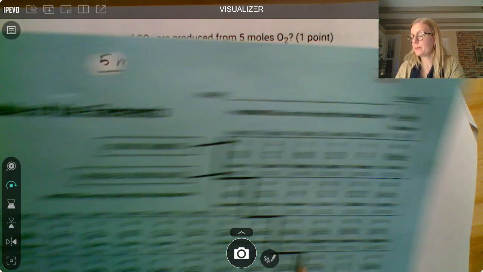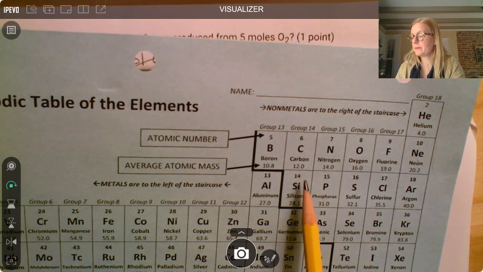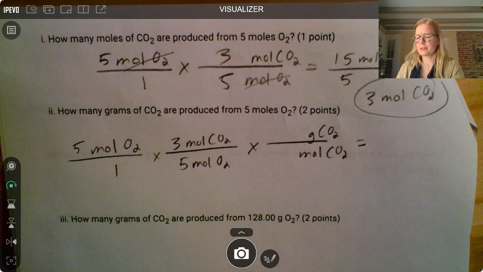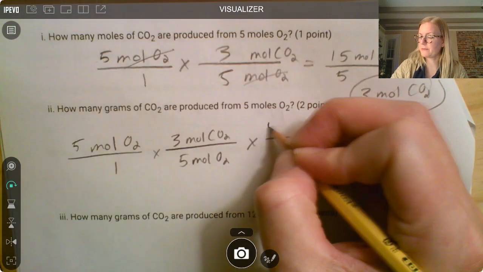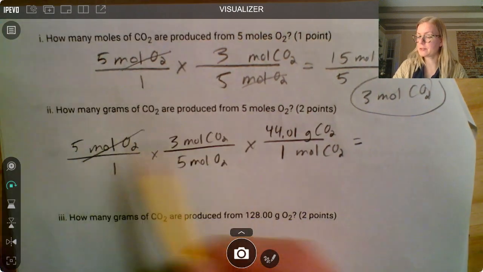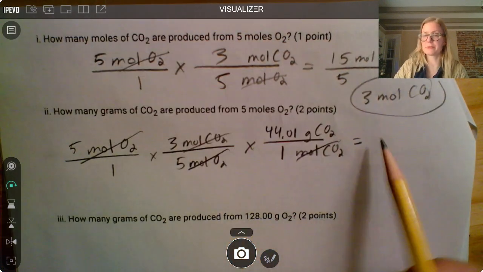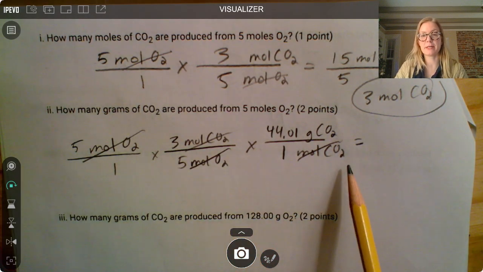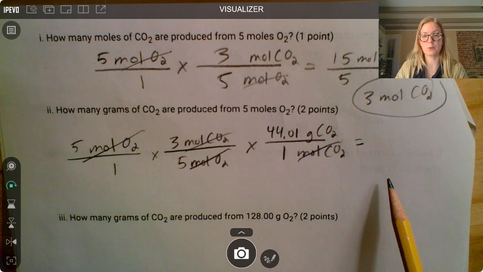Carbon on your periodic table is probably 12.01. And then 2 O's, so you have 12.01 plus 16 from one oxygen plus 16 from the other oxygen, you get 44.01 grams for every mole, okay? And then cancel moles of O2, cancel moles of CO2, multiply straight across the top, multiply straight across the bottom, and do top divided by bottom, okay?